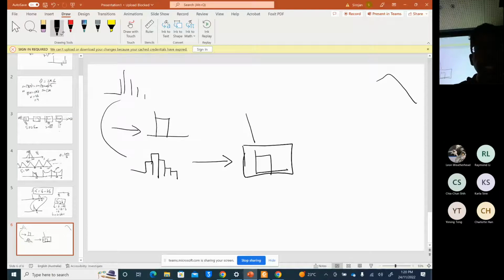The reconstruction filter cutoff frequency again has to be fs by 2. Then after the filter, it actually gets smooth like this one. Okay, it gets smooth.